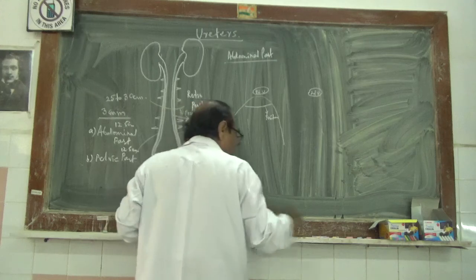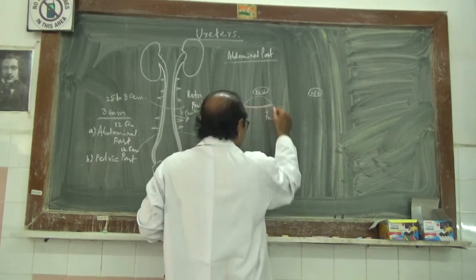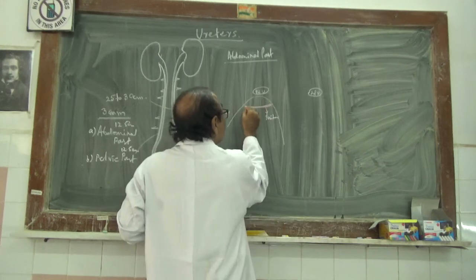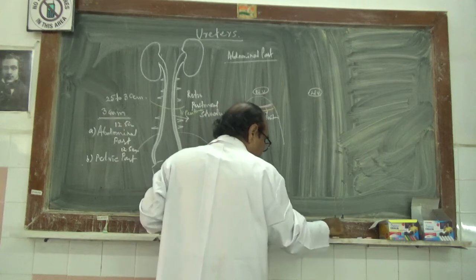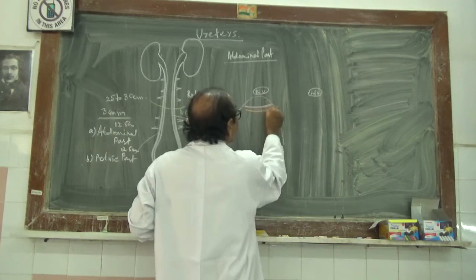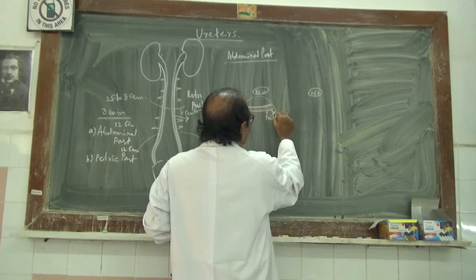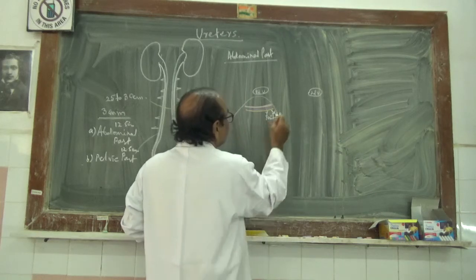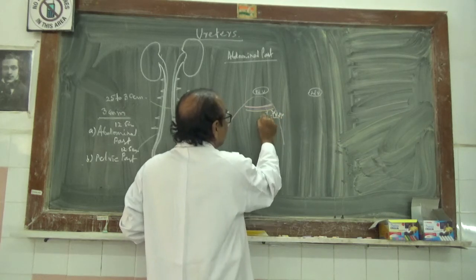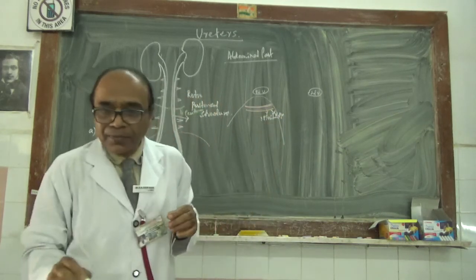This is the parietal, and this will be the visceral. So this is the visceral part of peritoneum. This is the parietal part of peritoneum.